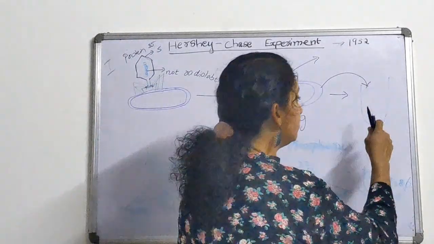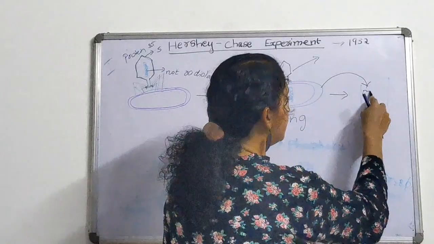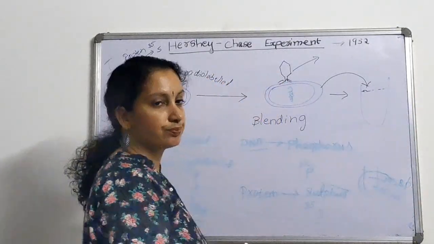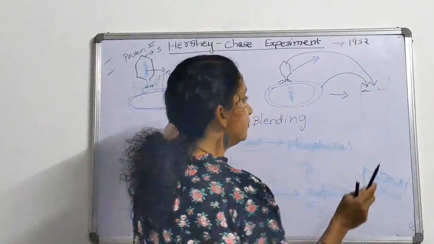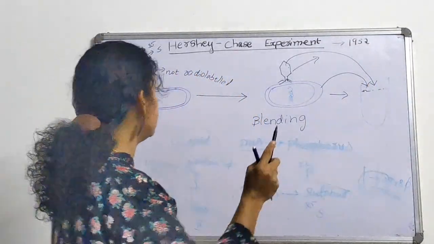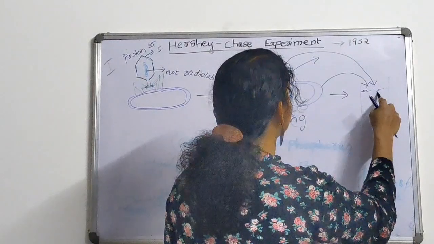Based on the density, the lighter things will be in the supernatant. Here the capsid is visible in the supernatant and it is radio labeled with sulfur 35.